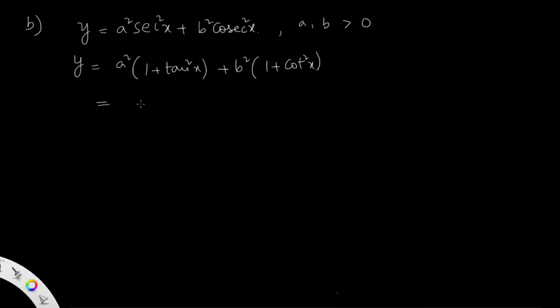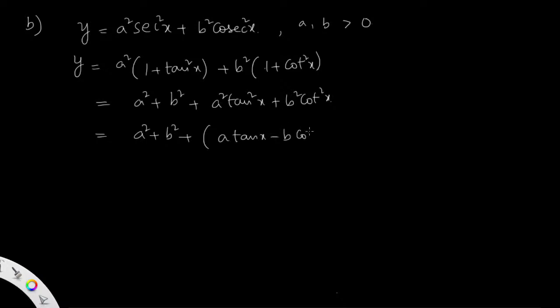Now simplify: a square plus b square plus a square tan square x plus b square cot square x. Just now we have completed a square tan square theta plus b square cot square theta in the previous problem. This value can be written as a tan x minus b cot x whole square plus 2ab.